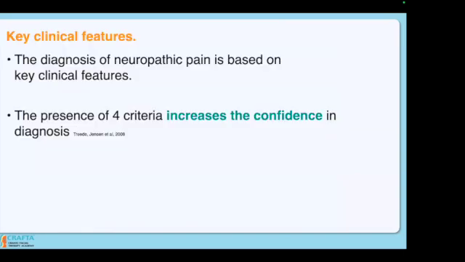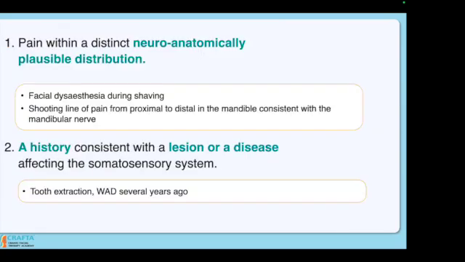When we look at the key clinical features, there are some features that increase the confidence of the diagnosis of an NPSH. That's what I would like to discuss in the next slide. The first one is pain within a district of a neural anatomically plausible distribution. For instance, a guy who is shaving himself in the morning has some pain around his face and it feels a little bit different. It feels like pins and needles, some numbness, or maybe a little bit of irritation.